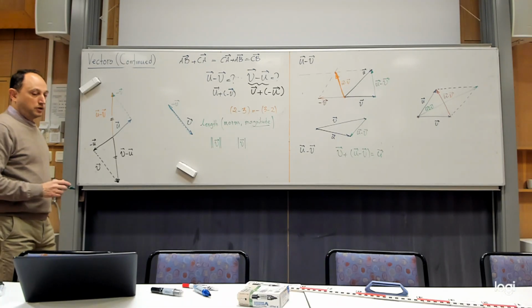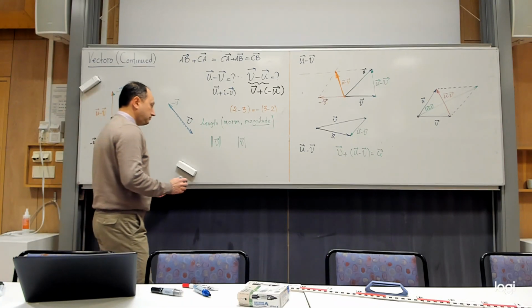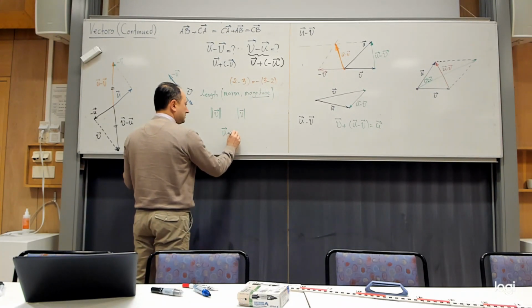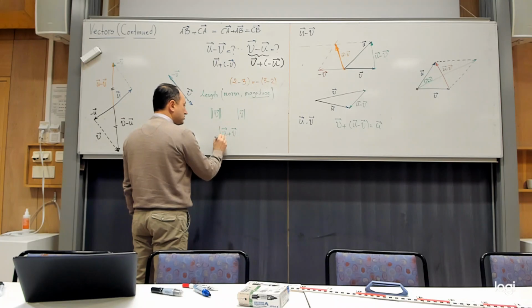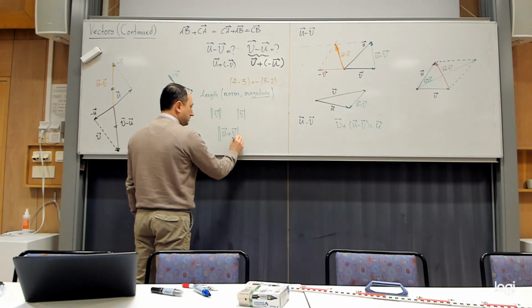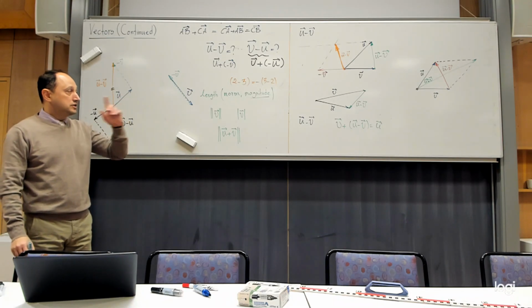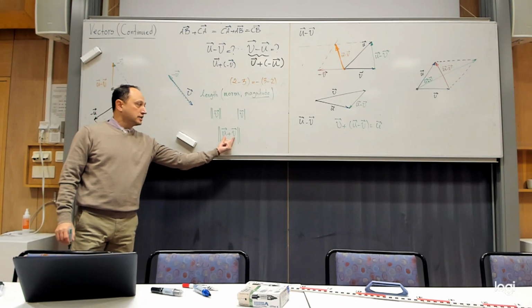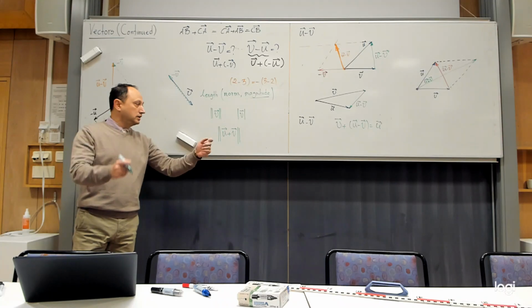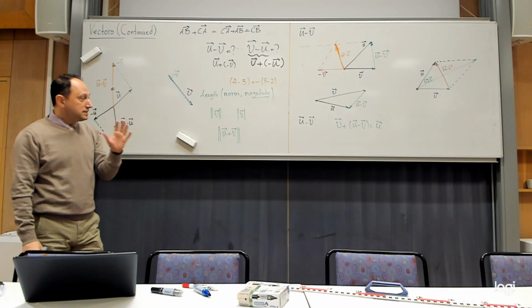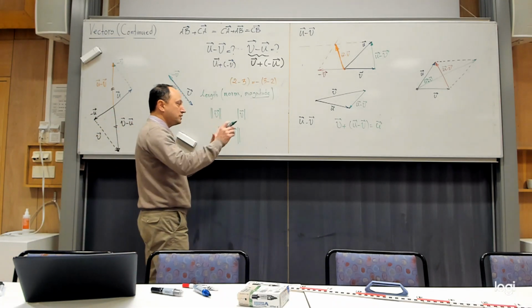Okay, let me ask you one question. If I have two vectors and add them and then measure the length, yes? I give you two vectors, you add them first, and then you take your ruler and measure the length of the sum. And then let us do it separately.